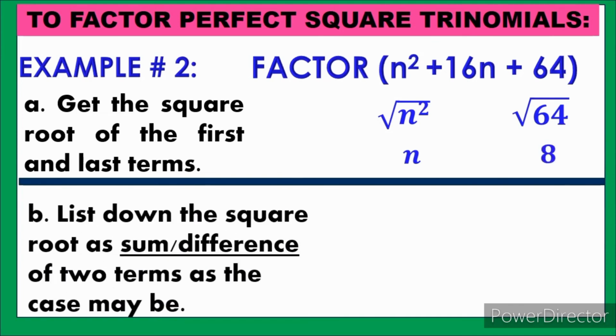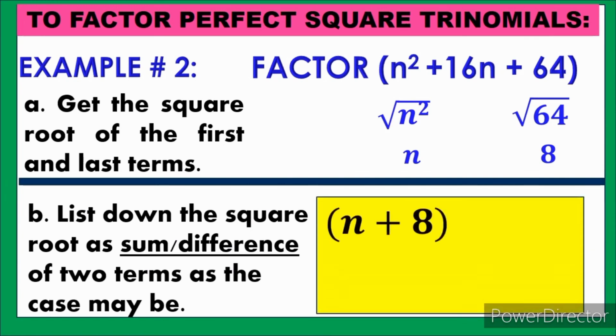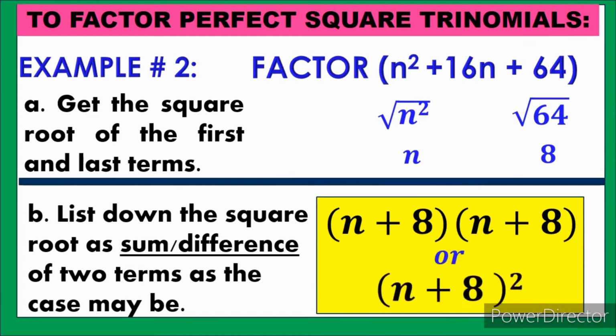Then next, list down the square roots as a sum or difference of two terms as the case may be. So in this example, we have n plus 8 times n plus 8. Okay, so I use a positive sign because the middle term of the trinomial is positive, or it is the square of n plus 8.